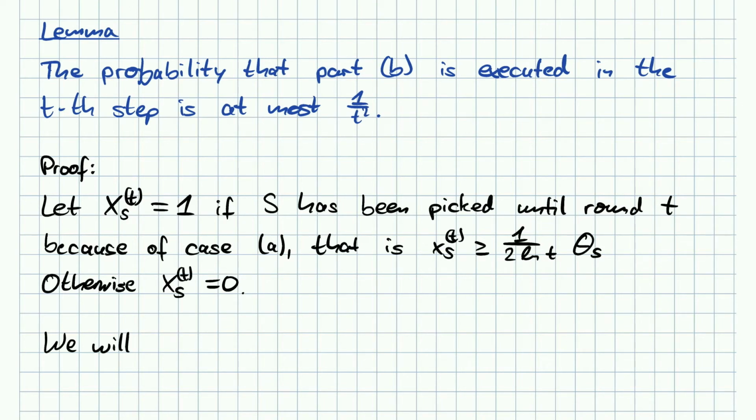And what we will bound is the probability that for all sets S which contain element t, all of these X_{S,t} variables are 0.